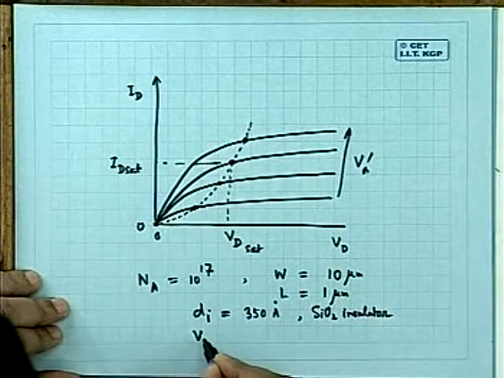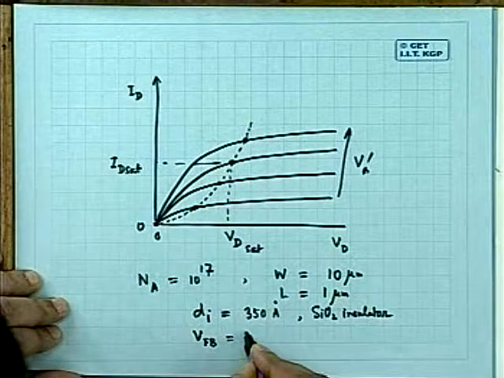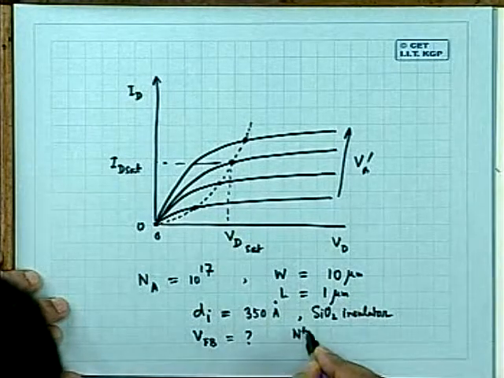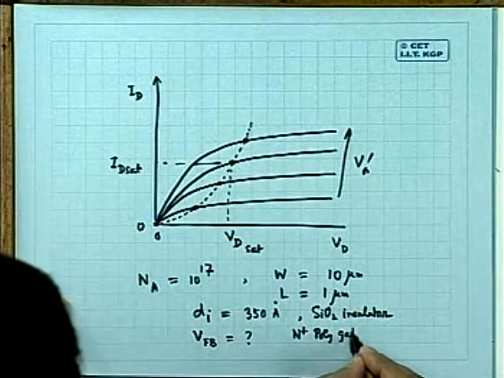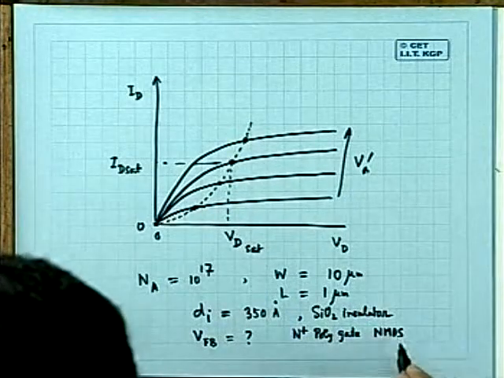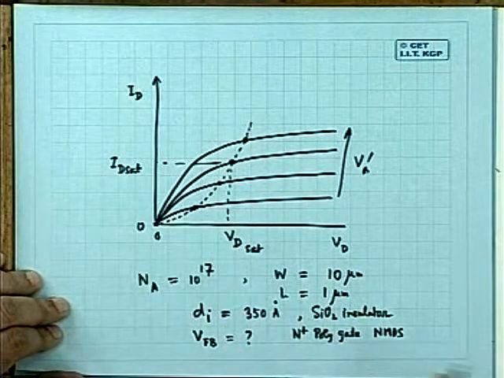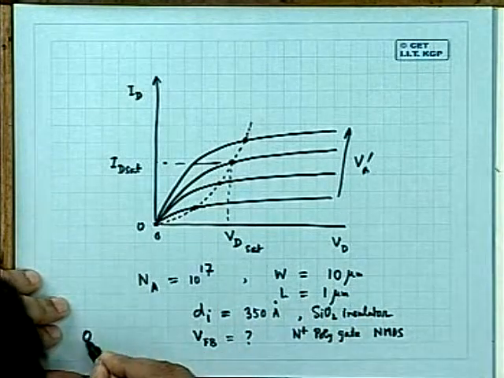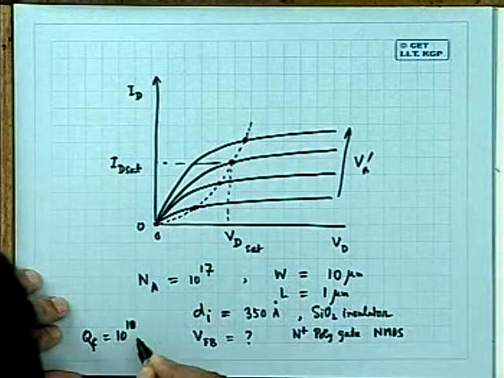VFB value, you calculate; you consider N plus poly gate NMOS with these features. You know everything now. QF you consider to be 10 to the power 10.